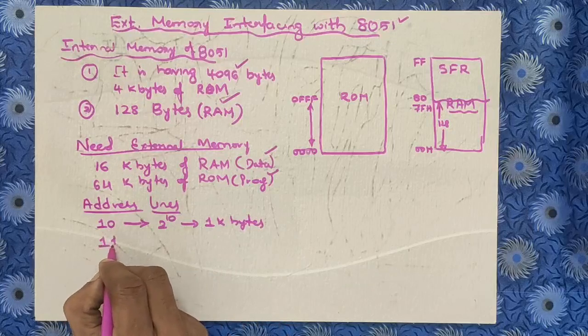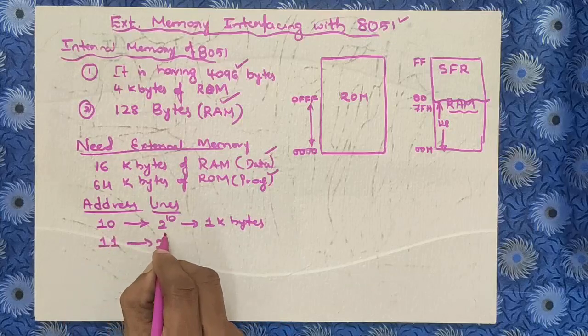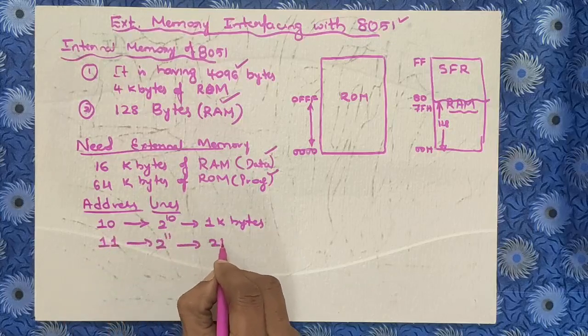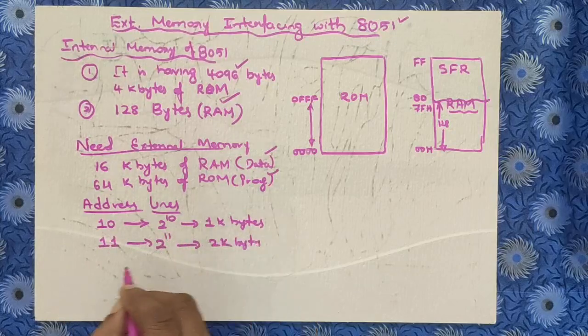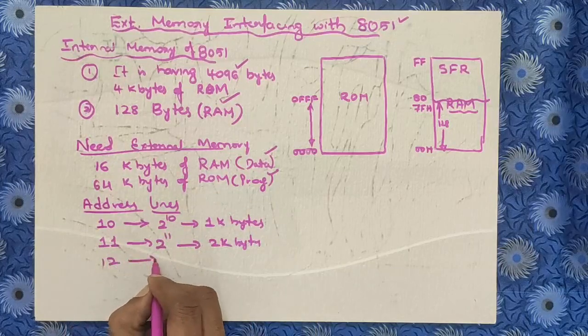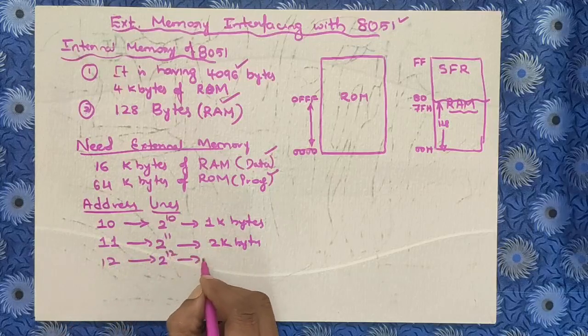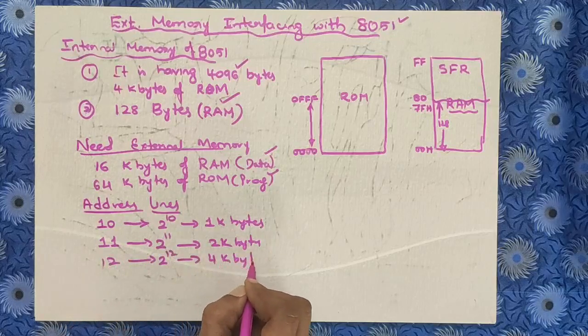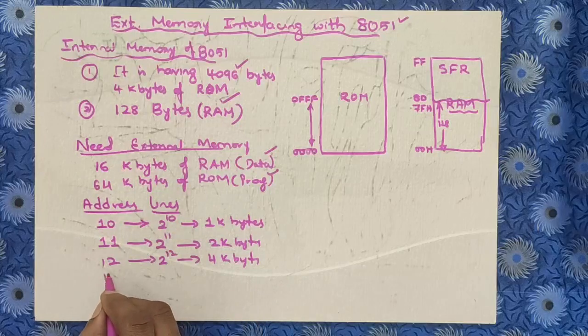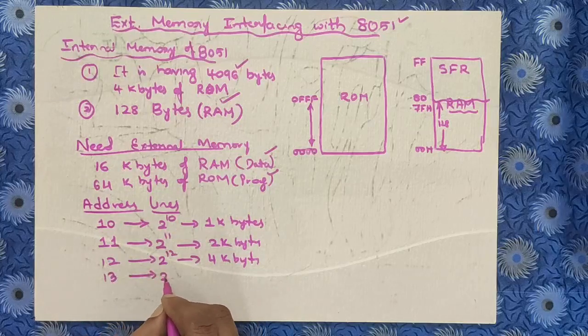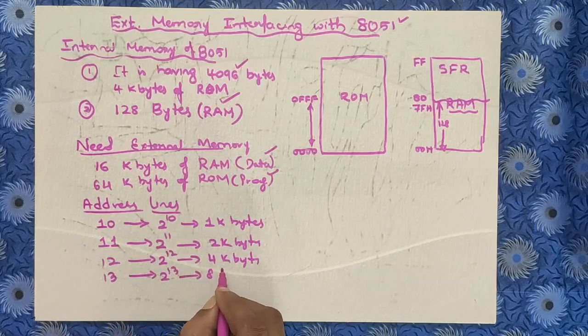Suppose 11 address lines you are using, that means 2 raised to 11, that is 2 kilobytes. Similarly, 12 address lines, 2 raised to 12, that is 4 kilobytes. 13 lines of the address, 2 raised to 13, that is 8 kilobytes.